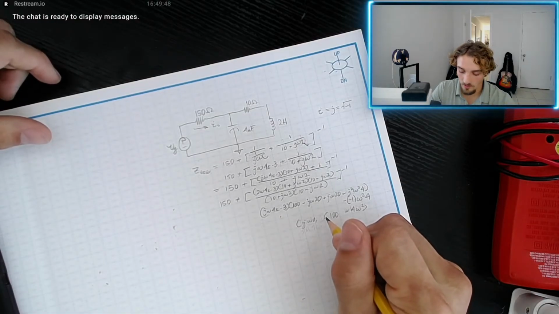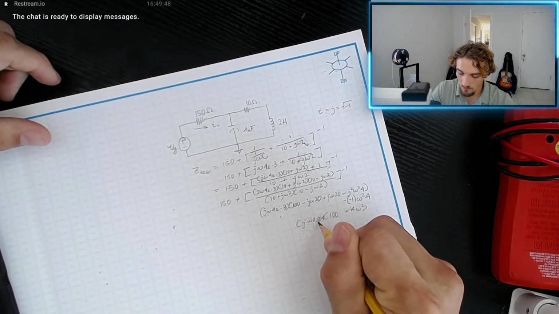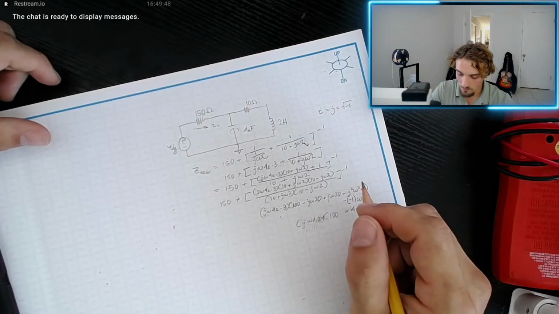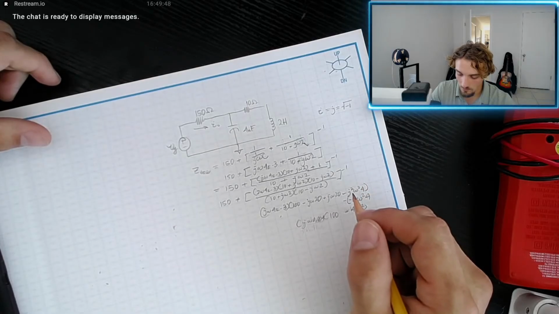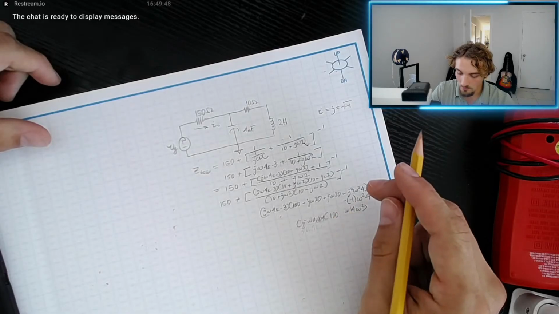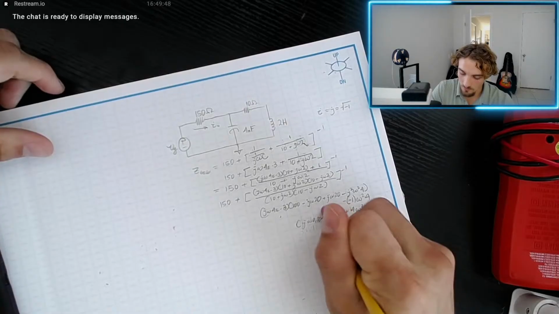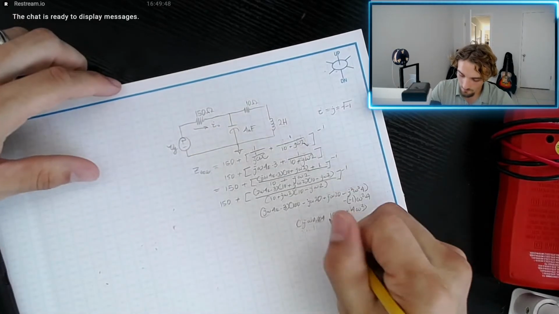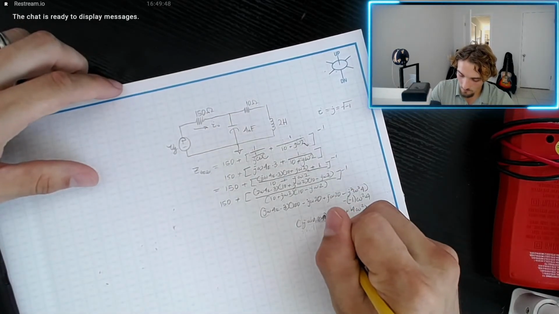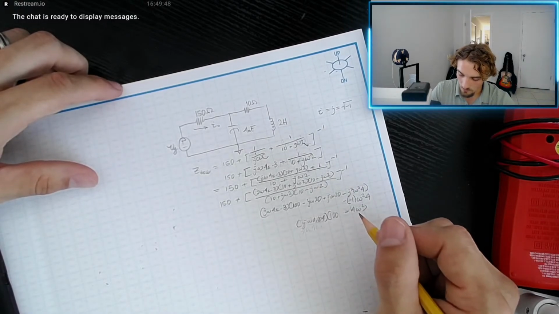Oh yeah, 4e to the negative 3. So 0, 0, 4. 1, 2, 3. Yeah, there's 4 milliamps. Oh yeah, okay, that makes sense. I don't know. Alright.